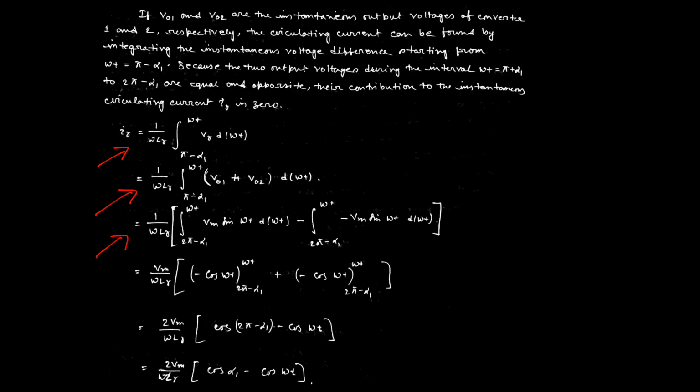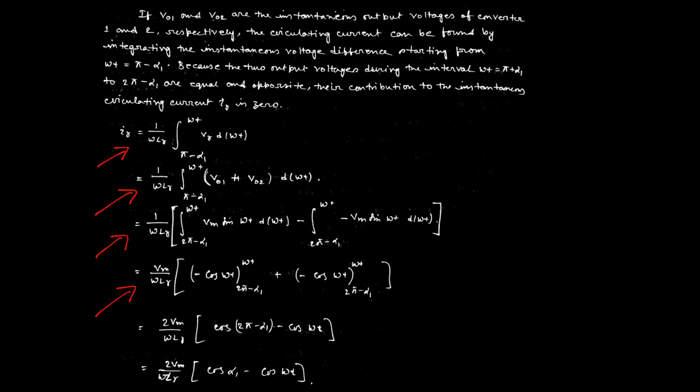So we consider the limits, and by integrating we get the result, Vm by omega LR into minus cos omega t from 2 pi minus alpha 1 to omega t, and so on.